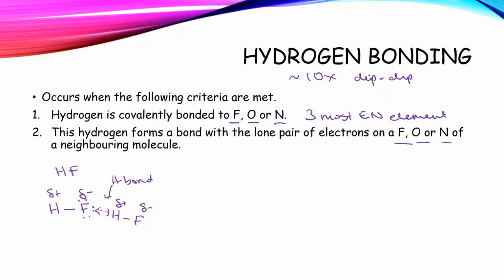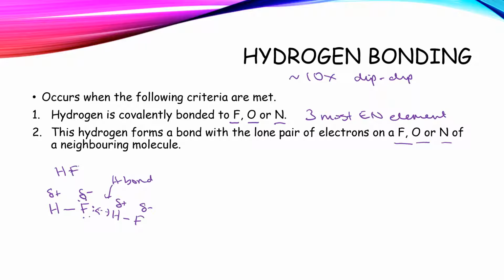Now, this bond is particularly stronger than a dipole-dipole interaction, and this is because hydrogen only has one electron, and when it's bonded to a freak of nature, these elements are so electronegative that it pulls that one electron extremely close to those atoms.